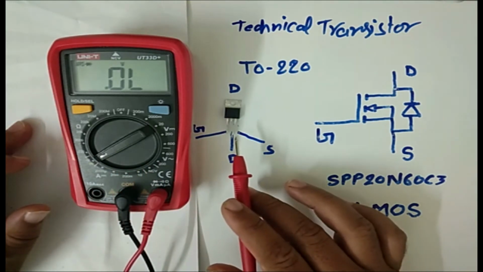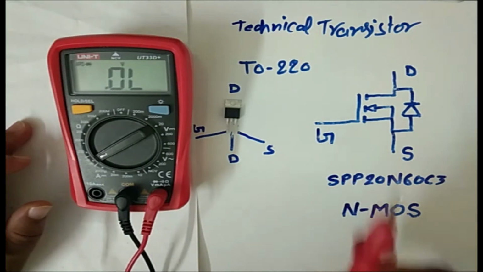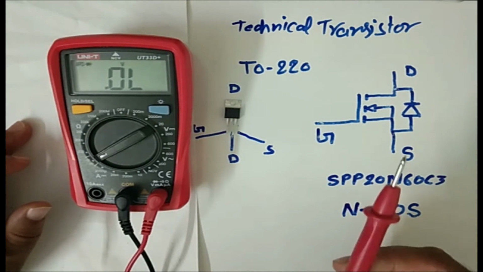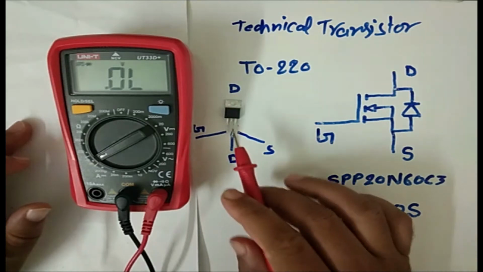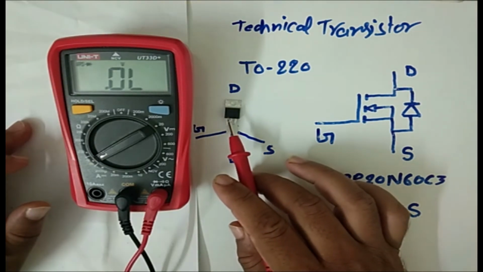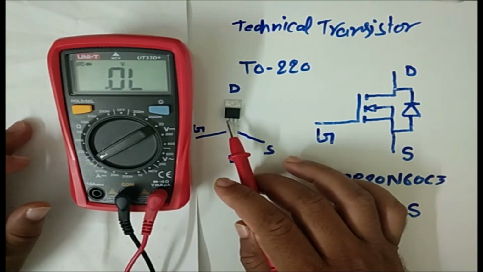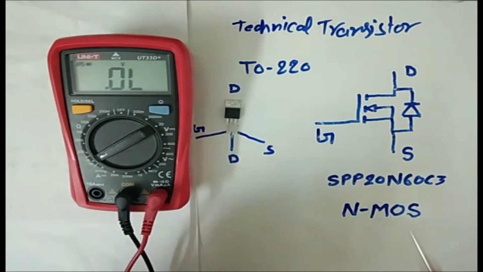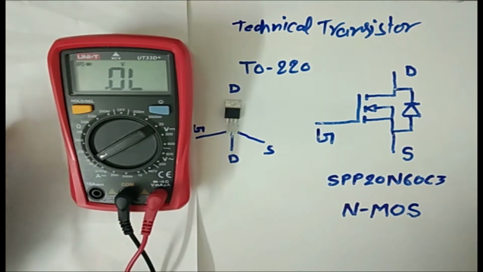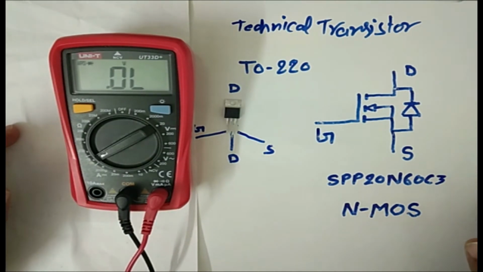Why does it get on? Because the red lead of the multimeter has some voltage, 0.6 to 0.7 volt. That voltage charges the capacitance of the gate. This is called the stray capacitance. So this will charge the stray capacitor of the gate, and for some time the MOSFET may be on. After some time it will get off.